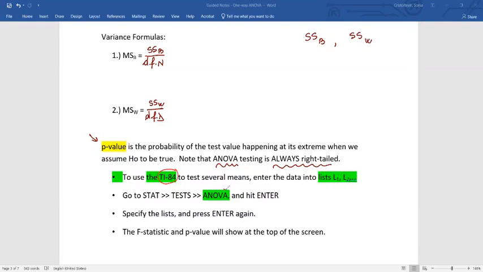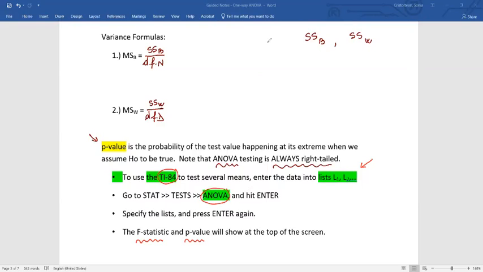You will see ANOVA under Tests, but before completing this, make sure you enter the values given in the problem in a list. So you will go to list, enter the values, and then perform an ANOVA. As soon as you perform the ANOVA, the F statistic will appear, and the p-value will also appear, and you will be able to conclude and interpret your finding.